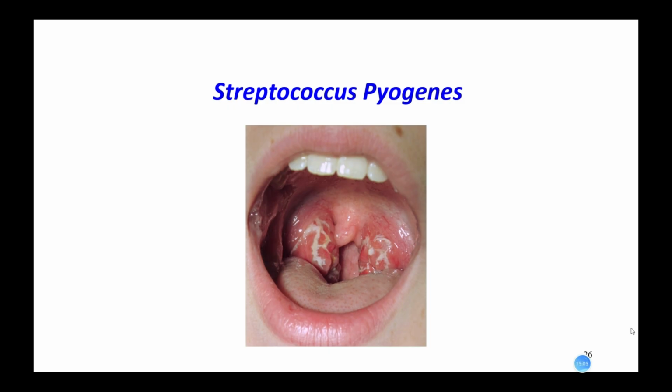Sometimes when you have fever and you also have a sore throat, and you go to the doctor, well, the doctor would think that this might be a common cold, or it might be a Streptococcus pyogenes infection. They can run a quick test, use a cotton swab to take some specimen and run a test to tell you in a few minutes whether it's a bacterial infection or not.